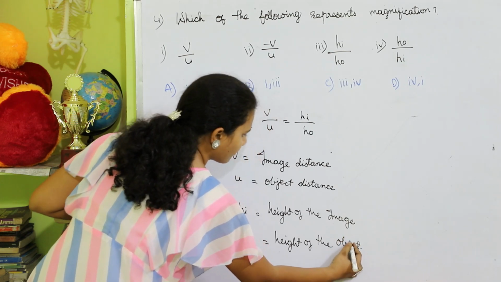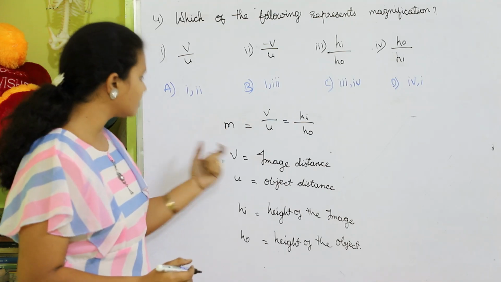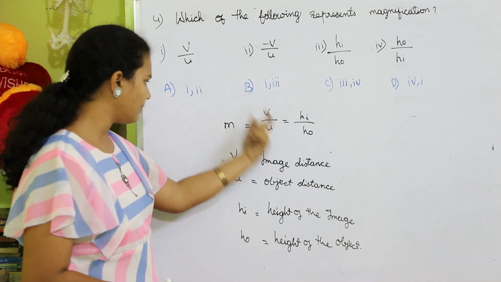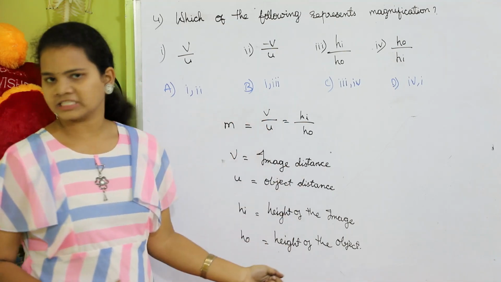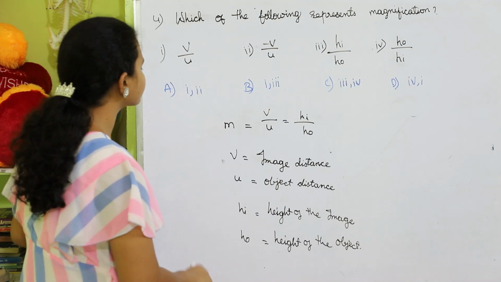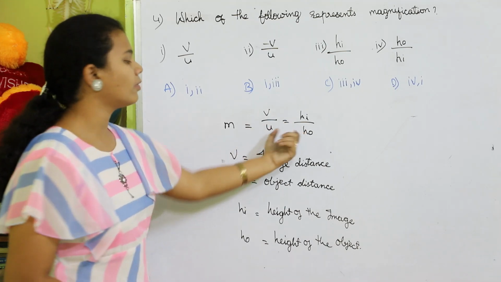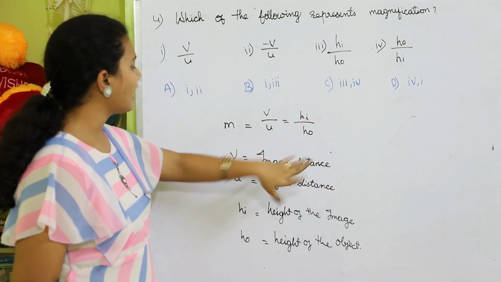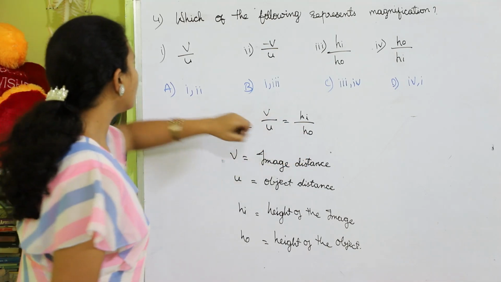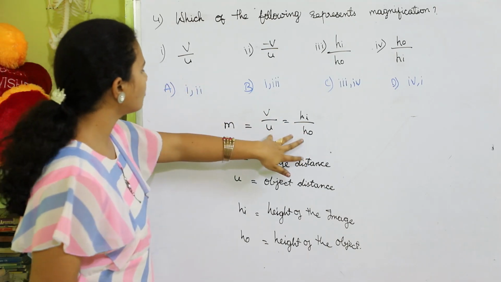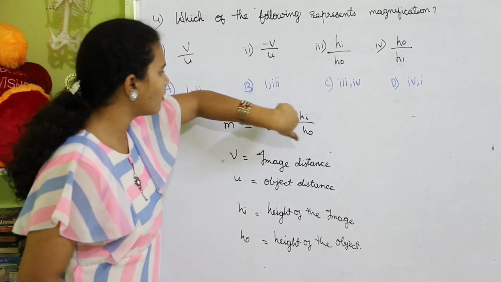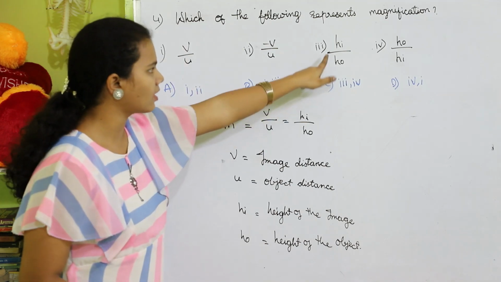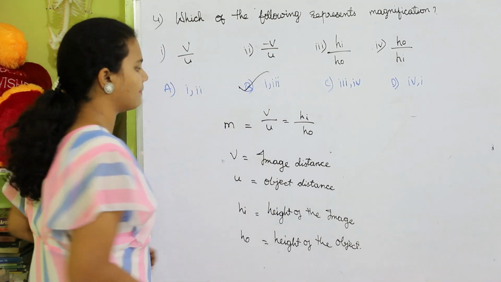So M, the magnifying formula, equals V by U, is the correct one. You have B. B means you have the first one is V by U and the third one you have HI by H naught. So therefore the correct option will be B. Clear?